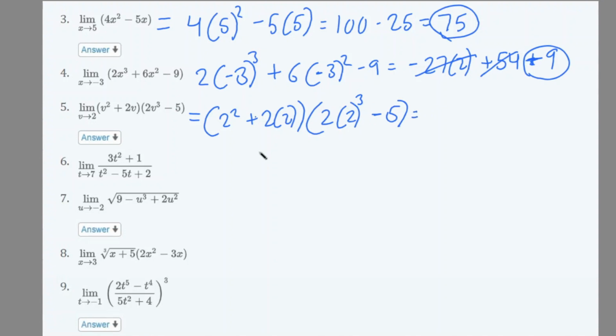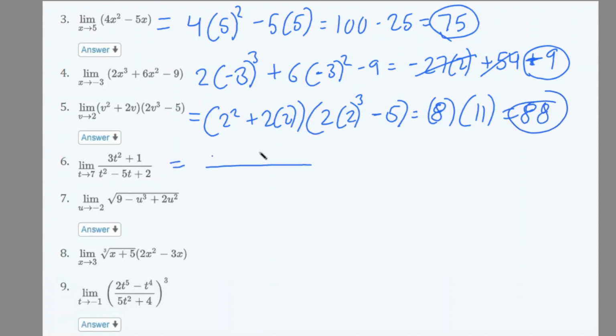So in the first set of parentheses, we have 4 plus 4, that would be 8. And in the next one we have 2 to the power of 3 is 8 times 2, that's 16, minus 5, that's 11. So it'll be 8 times 11, which gives us 88. That'll be the answer to 5.